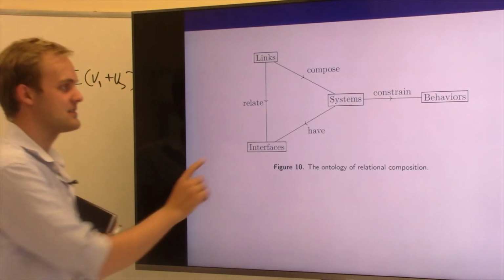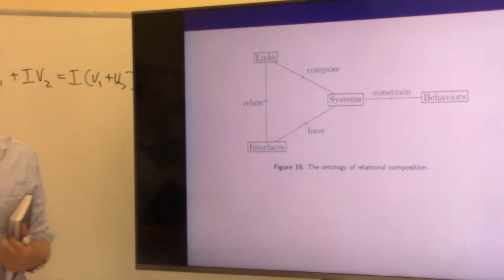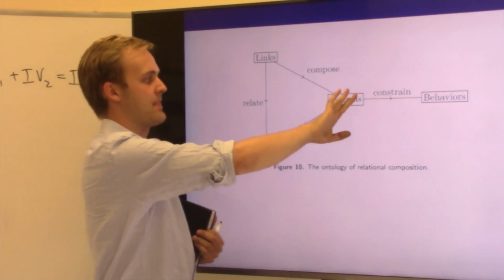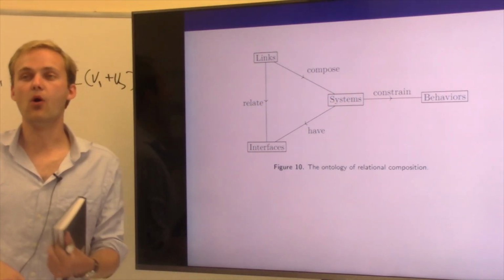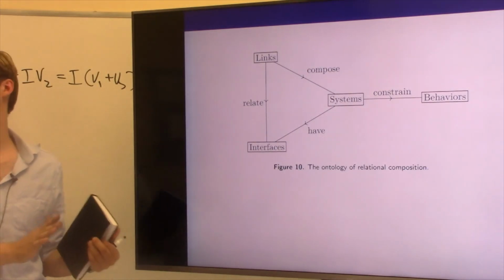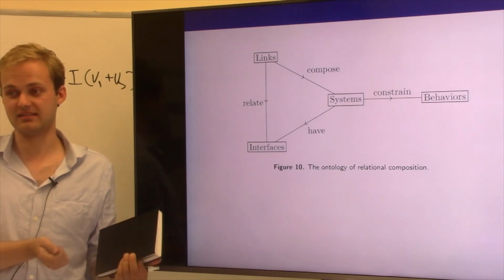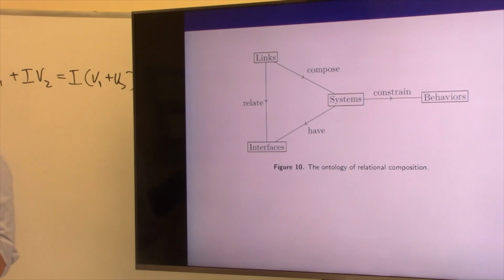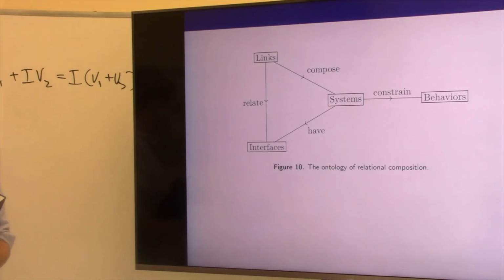And finally, systems constrain behaviors. A system says, okay, of this space of possible behaviors, I can only do these things. But it doesn't necessarily say, if I'm at this state at time t, what am I going to be at time t plus 1? That's not how these systems work.